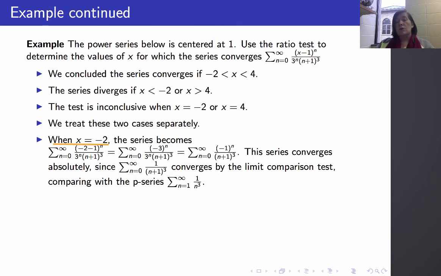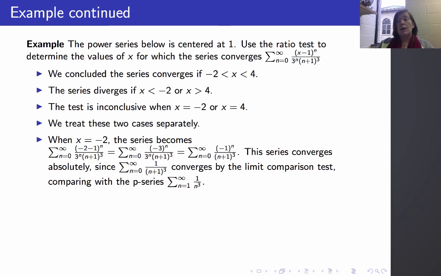When x is minus 2, I just plug in x equals minus 2, and I get the series, the sum of (minus 3) to the n over 3 to the n times (n plus 1) cubed, and I have to figure out whether that series converges or diverges. Well, cancelling the 3 to the n, I get that it's an alternating series.